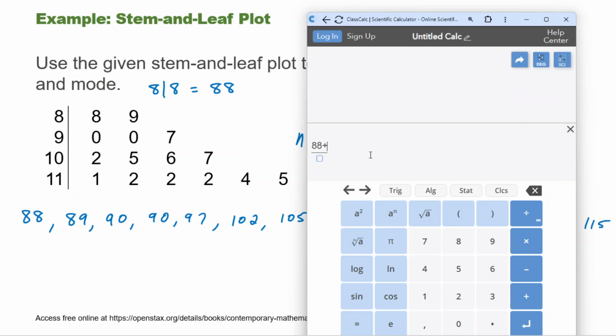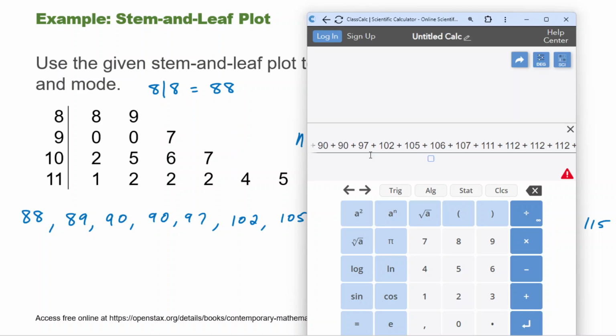So I have 88 plus 89, plus 90, plus 90, plus 97, plus 102, plus 105, plus 106, plus 107, plus 111, plus 112, plus 112, plus 112.